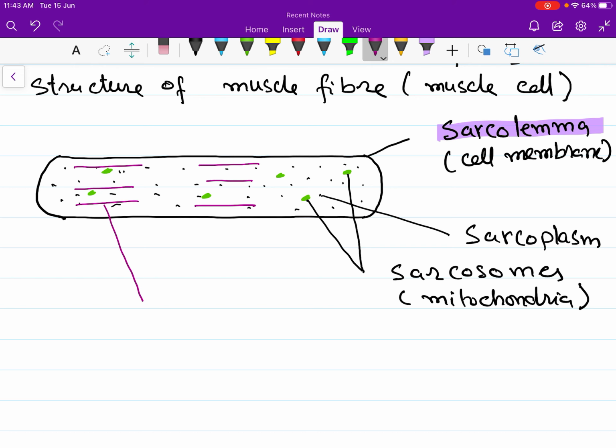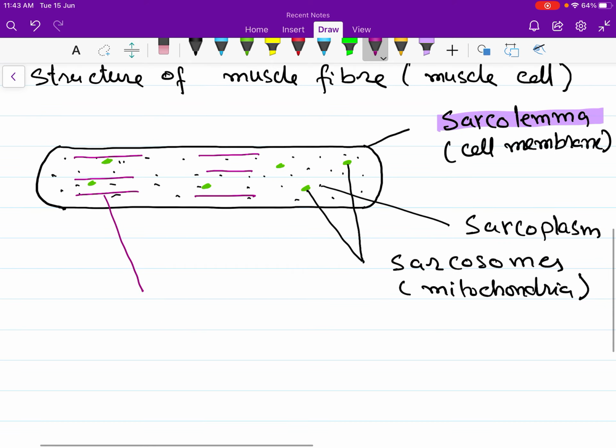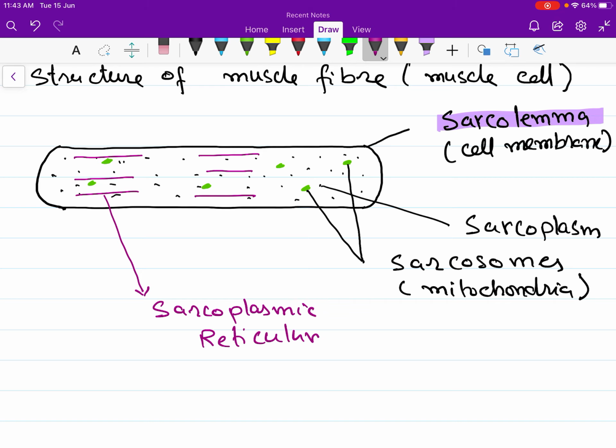The endoplasmic reticulum of a muscle fiber is called sarcoplasmic reticulum. Sarcoplasmic reticulum is the endoplasmic reticulum of the muscle cell.